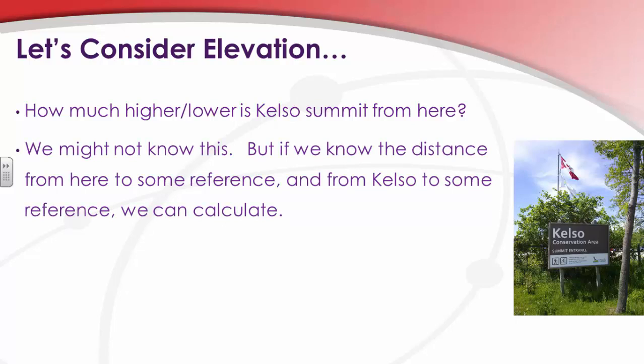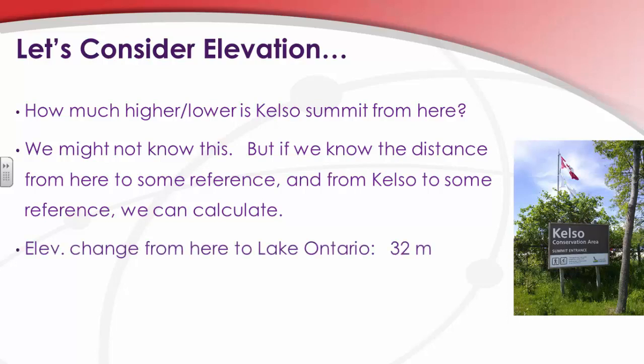Well, the answer is that if we have a reference and we know the difference between us and the reference and the difference between Kelso and the reference, then it becomes a trivial exercise to calculate the difference. And in fact, we have this.